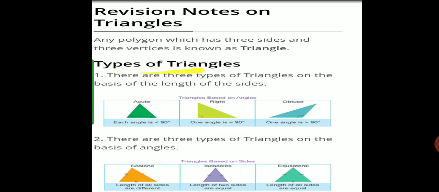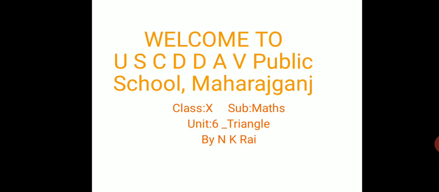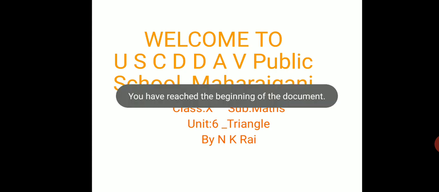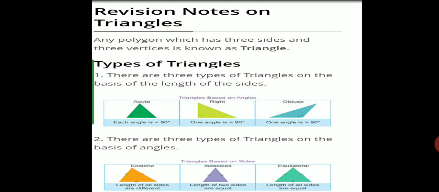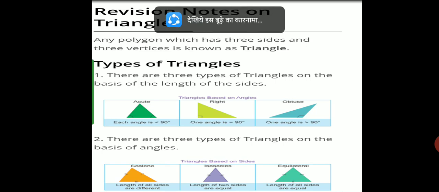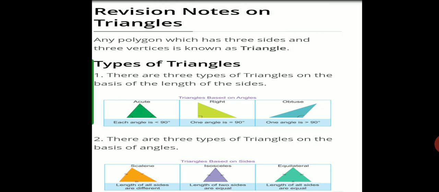Now, types of triangles. There are 3 types of triangles on the basis of angles. The first one is the acute angle triangle.